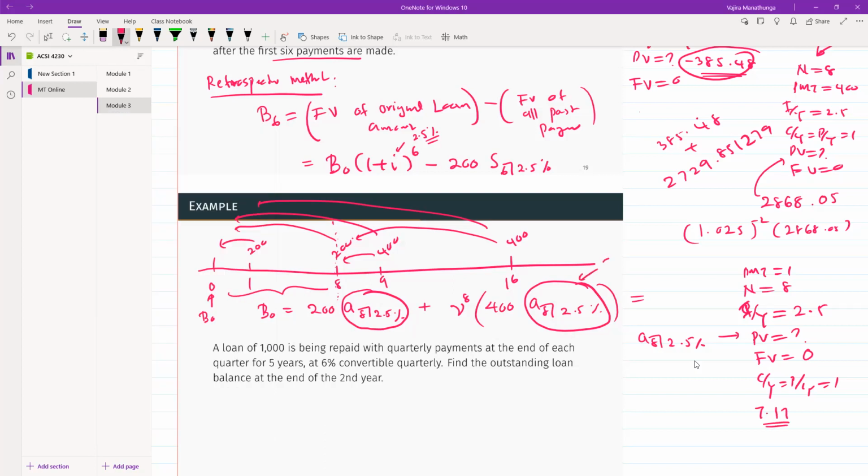Then this one is 7.17, and this one also 7.17. Then here v is 1/1.025, and v^8 is going to be. So let's use all of that and get the answer for the original loan amount. I'm using my calculator, so please check this calculation because sometimes I may make mistakes.